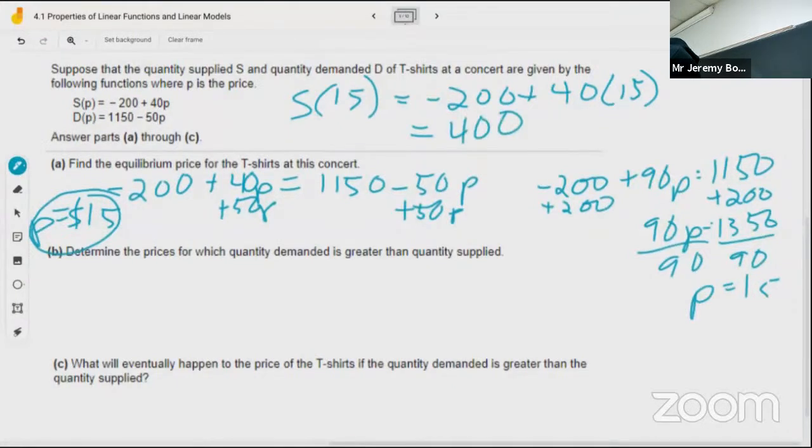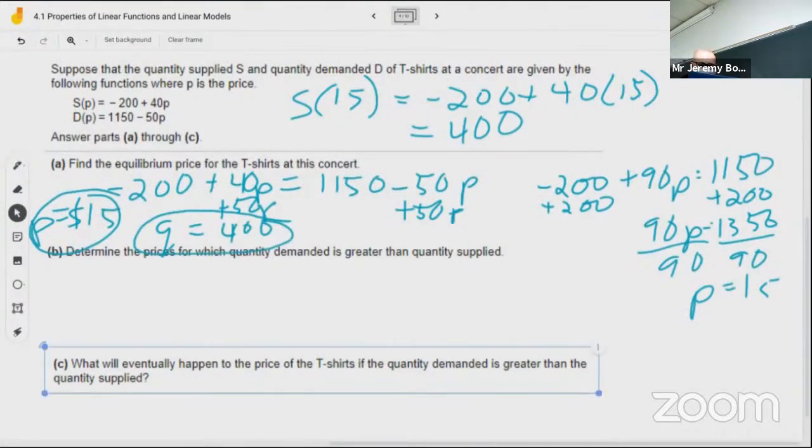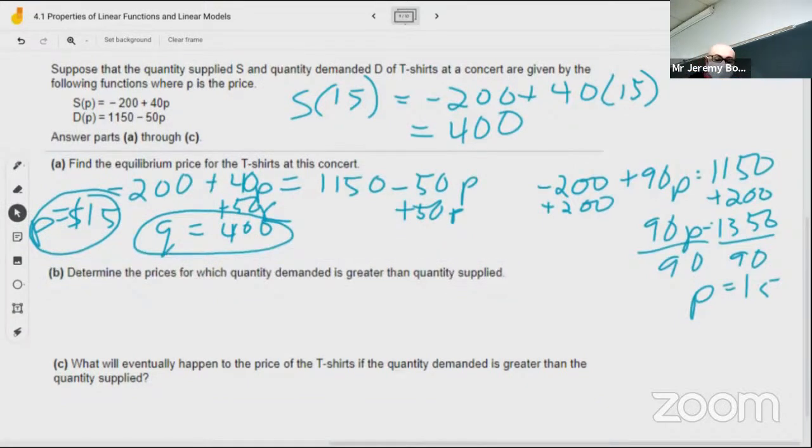So my equilibrium quantity, which I forgot to put, that is part of the question in the homework, is 400. Oh, sorry, it's going to be $15 where the two quantities are equal. And what's that quantity going to be? 400. So 400 t-shirts will be supplied and also demanded.